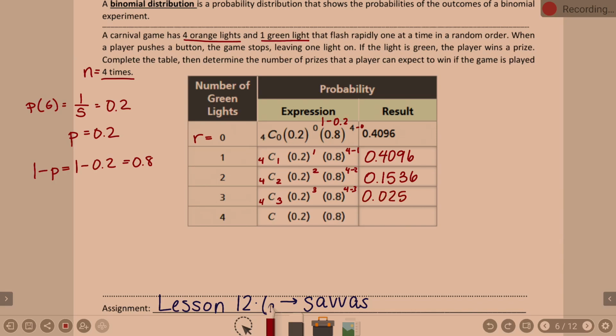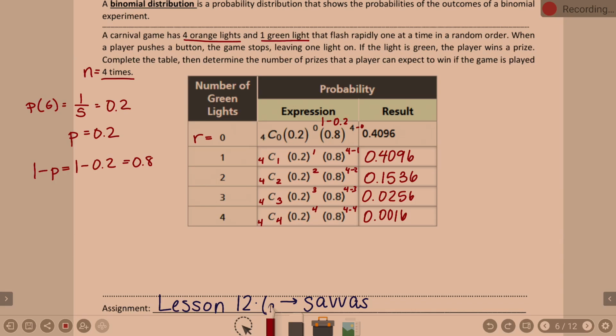And lastly, 4C4, 0.2 to the 4, 0.8 to the 4 minus 4. Okay, 0.0016.